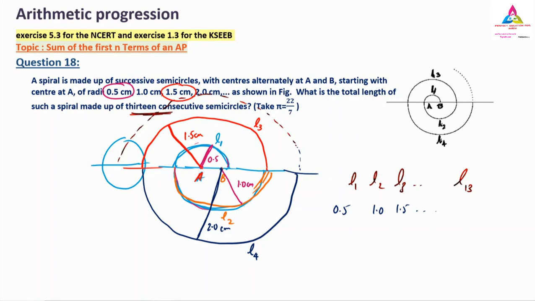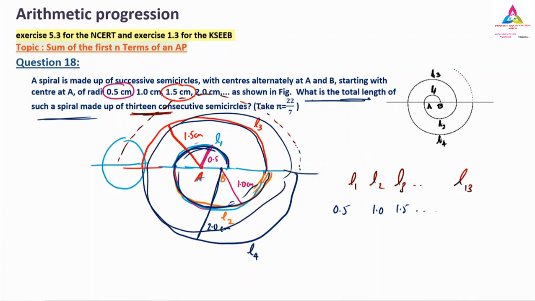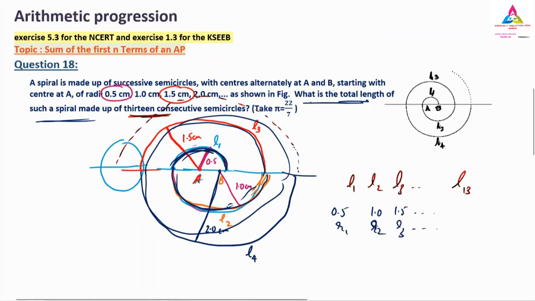But what have they told you to find? They have told you to find the length of such a spiral made up of 13 consecutive semicircles. Here you have to find the total length of this spiral. From here to here this length we have to add, and from here to here we have to add. That means L1 plus L2, next L3, L4, L5, and so on till 13 consecutive semicircles.